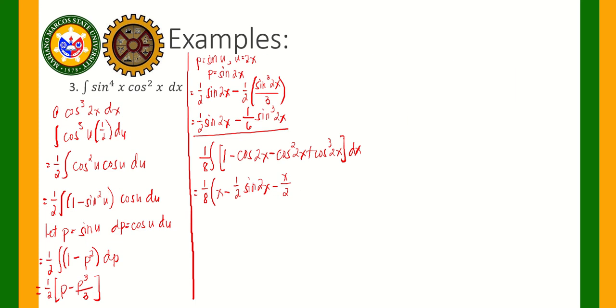But since negative to, so magiging minus din yung operation natin. Minus sine 4x all over 8, and then plus, ito na, sine 2x all over 2 minus sine cube 2x all over 6. Okay? So, from there, don't forget si plus c. And then, i-distribute na natin si 1 over 8.